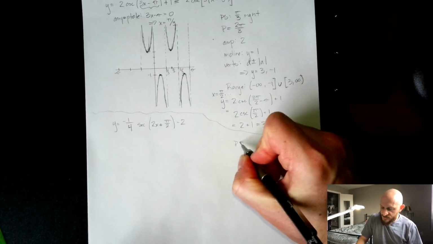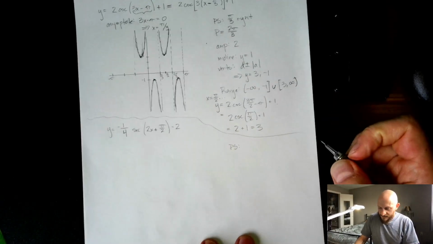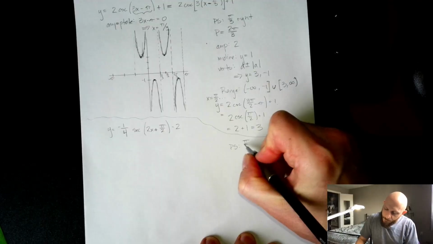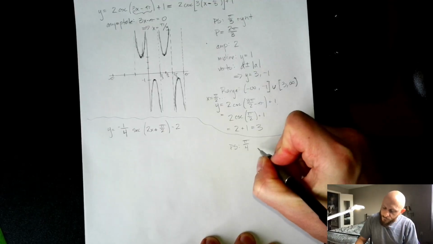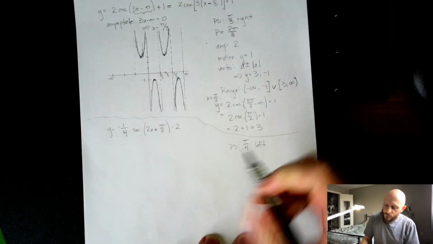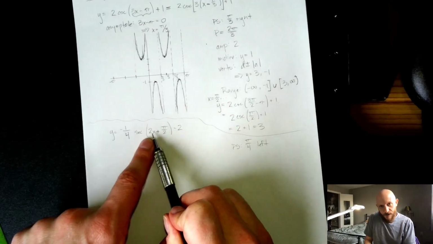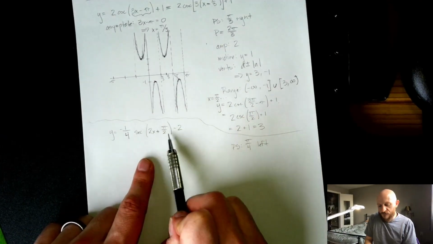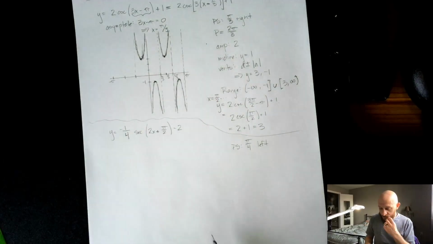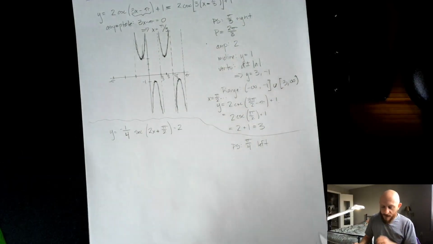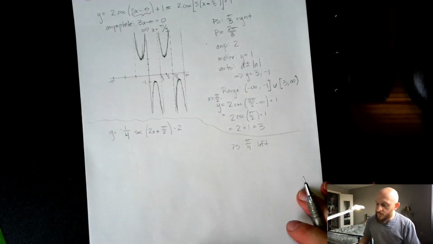So what is the phase shift of this thing? You may need to convince yourself of this, but it is pi over 4 to the left. Remember, you've got to factor out b. You have to factor out this 2 to get the phase shift. So when you factor out the 2, you get pi over 4, and it's moving to the left.